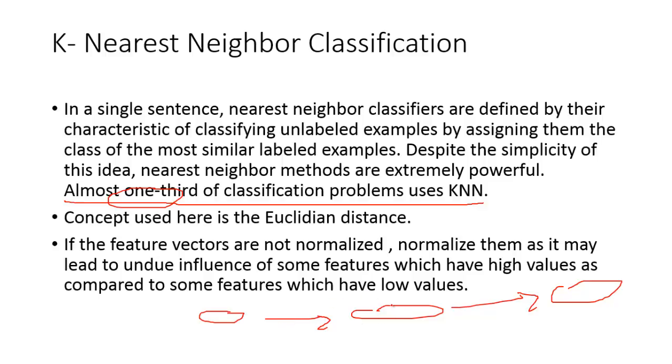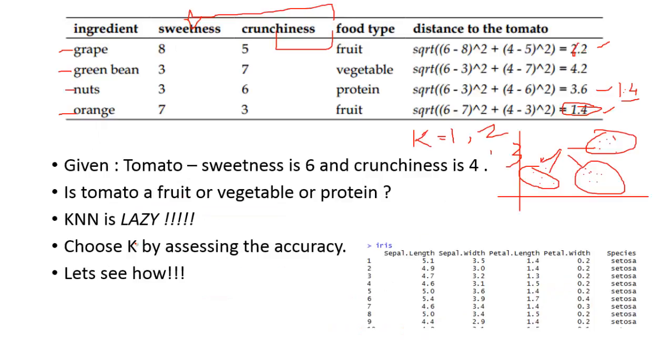Here in KNN there is no abstraction. We just push the data into the algorithm and get the result out. That's why KNN is instance-based learning: it just sees the data and classifies it based only on the Euclidean distances.